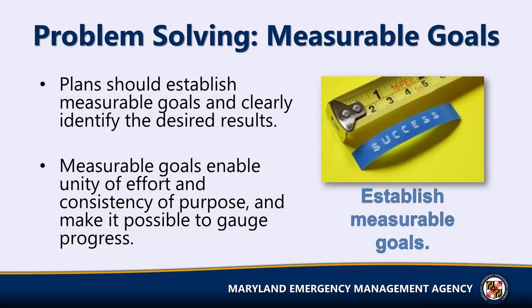Measurable goals are also important in establishing a baseline and tracking progress in achieving your goals. Without a set of trackable goals, it is difficult to judge the effectiveness of a program or plan. Once measurable goals are established, planners are then able to develop objectives and strategies to meet the stated goals of the plan.